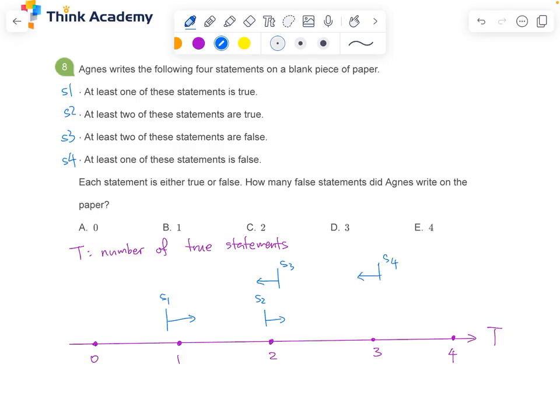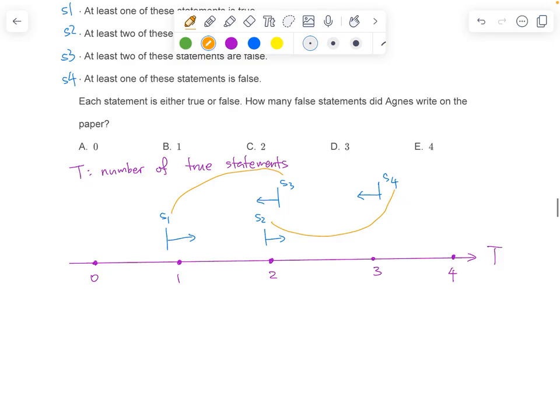And then notice that I can pair the statements up. Suppose I pair S1 and S3, and S2 and S4. You can see that at least one of S1 and S3, and at least one of S2 and S4, are true.